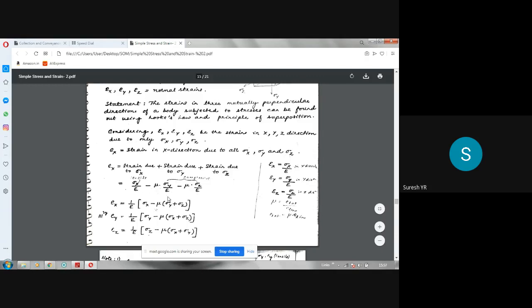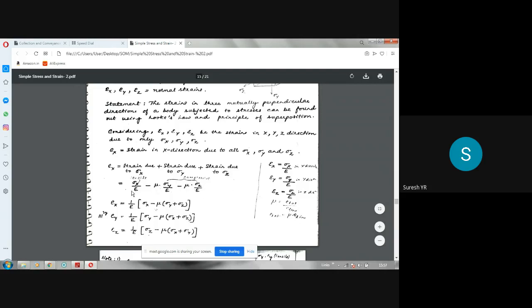Just see how we can write. Strain due to sigma x plus strain due to sigma y plus strain due to sigma z will come. In the y direction, sigma y by E will come first. Instead of x, y will come. Sigma y by E will come. In x direction, it is minus mu times sigma x by E. In z direction, it is minus mu times sigma z by E.